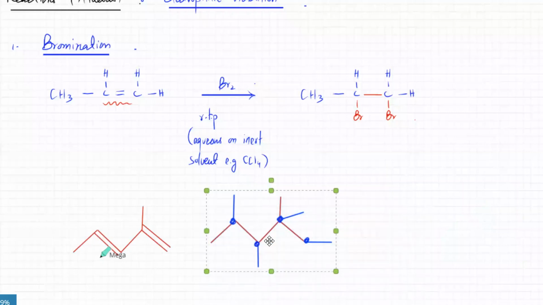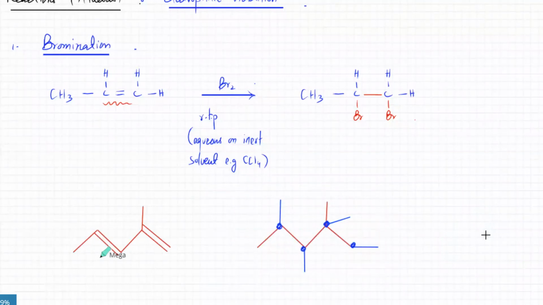Anyways, that's going to be my product. Let me put Brs over there. That's how the reaction would look if you do the same thing on the skeletal formula. Just remember double bonds, these two carbon atoms, that's where the Brs are going to get added.